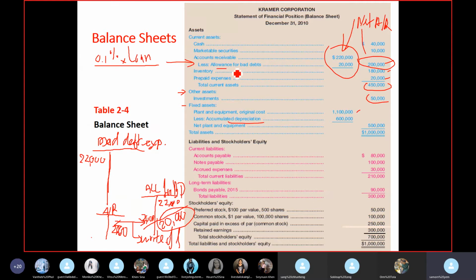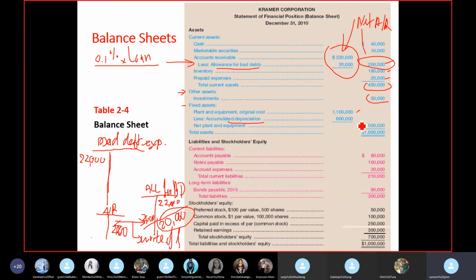So what did I say, that the depreciation or loan for bad debt, they are the contra asset. It makes the asset minus. Accumulated depreciation makes the original cost of the plant or equipment or asset go down also, because of the depreciation.